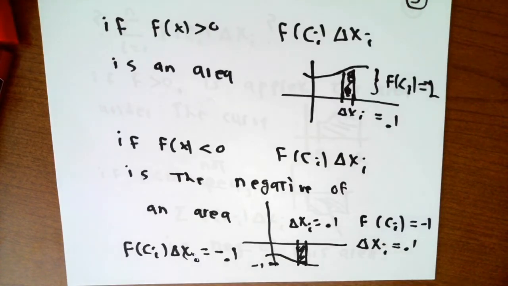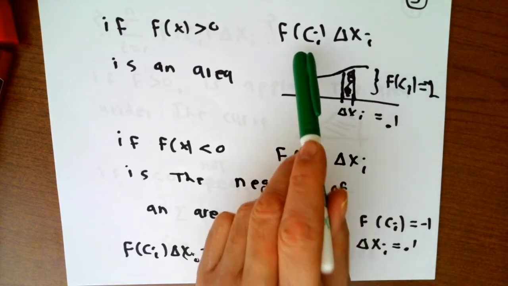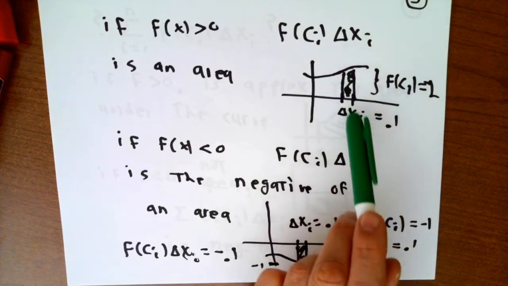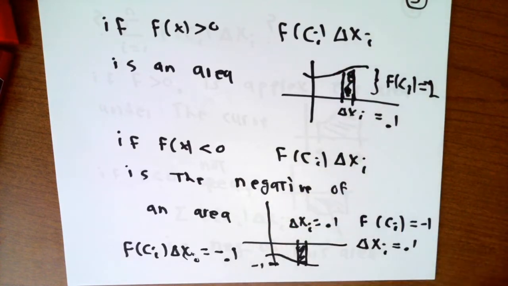In our work at the moment, we will suppose that f is a function with positive function values, at least for the x's that we're interested in. If I evaluate f at some value ci, the vertical height of this roughly rectangularly shaped region will be f evaluated at ci.